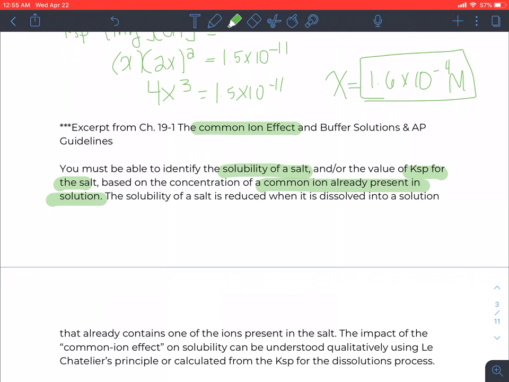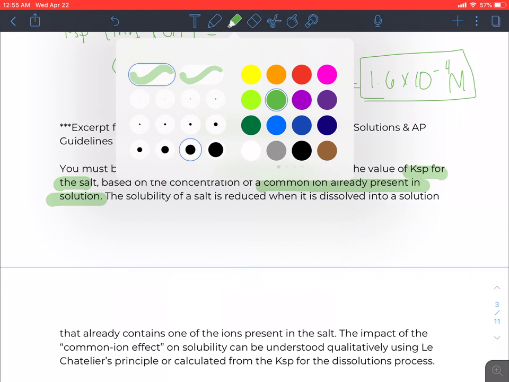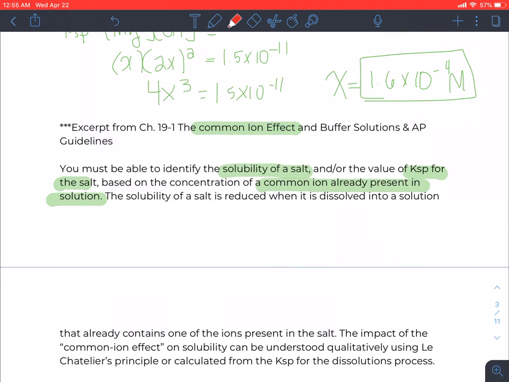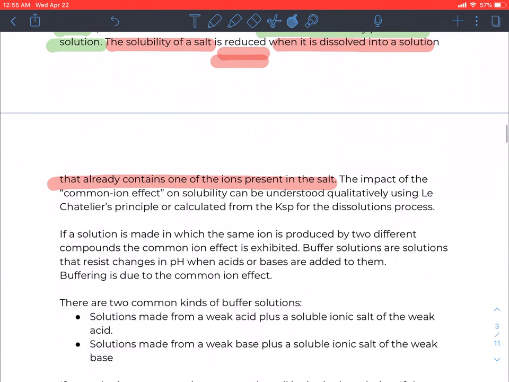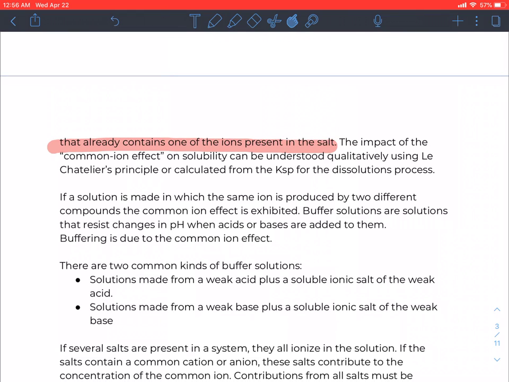The solubility of a salt is reduced, and you'll want to highlight this and remember this, when it is dissolved into a solution that already contains one of the ions present. The impact of the common ion effect can be understood qualitatively using Le Chatelier's principle, or calculated from the KSP of the dissolution process.